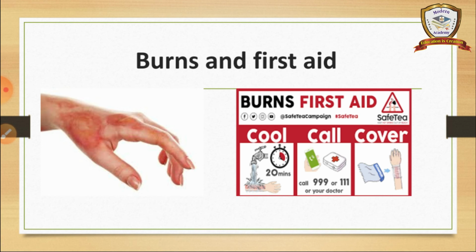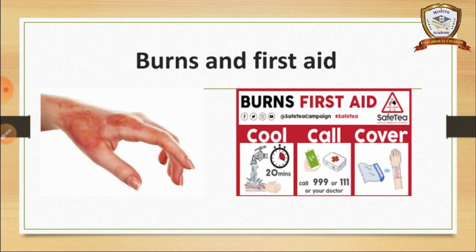First degree damages just the outer layer, so it needs nearly one week to clear. Second degree damages the middle layer of the epidermis, so it needs much more time to recover. In third degree burns, the epidermis is completely burnt, so it needs a few months to recover.